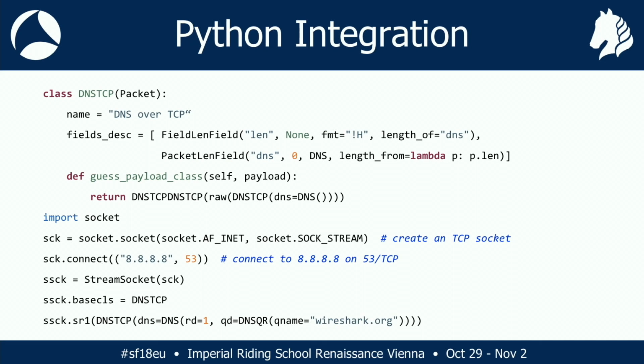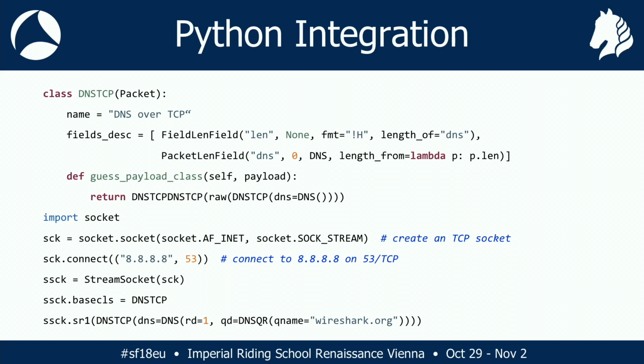Then, regarding the Python integration, as I've said, you can of course extend Scapy on your own. This example shows how to use DNS over TCP. We built our own packet class, DNSTCP, where we're using the DNS layer and adding the length field to it.